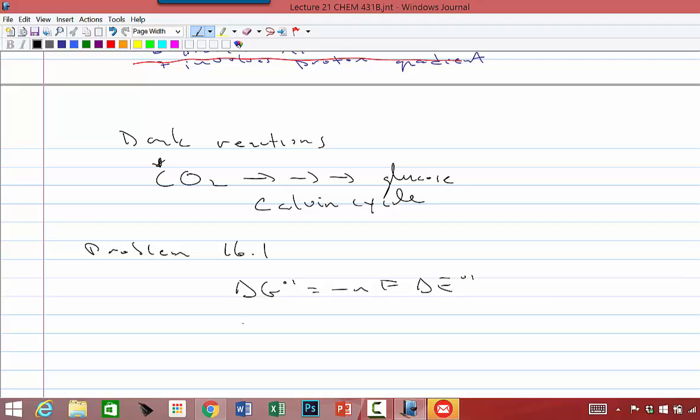And I know that delta E under standard conditions is going to be equal to something minus something. Does anybody remember what should be the subscript here and the subscript here? Acceptor minus donor, right?